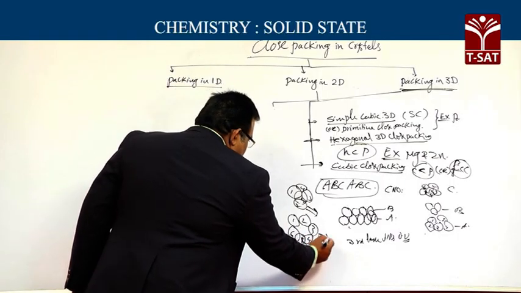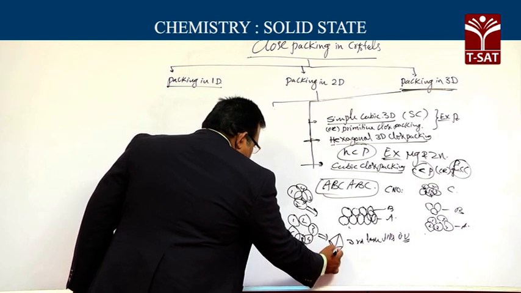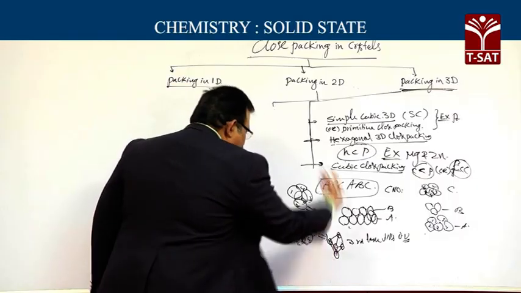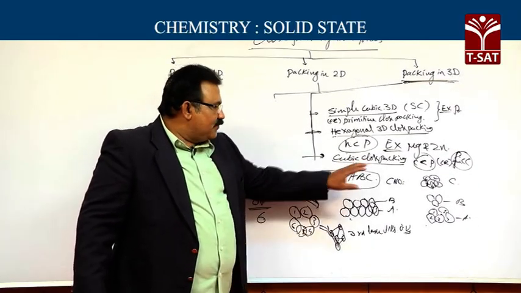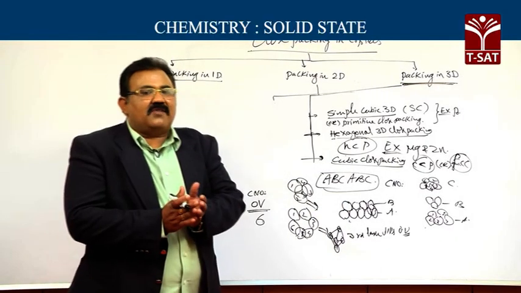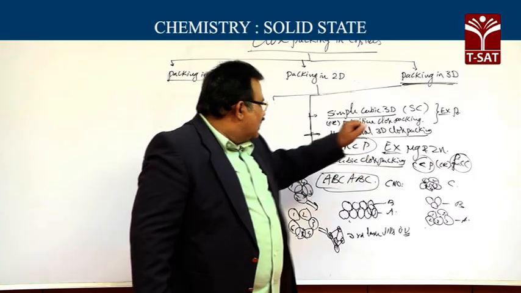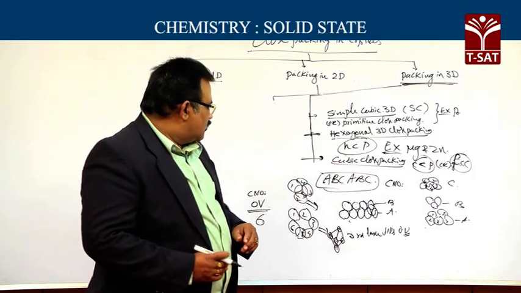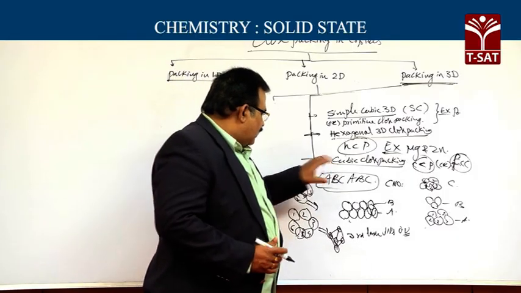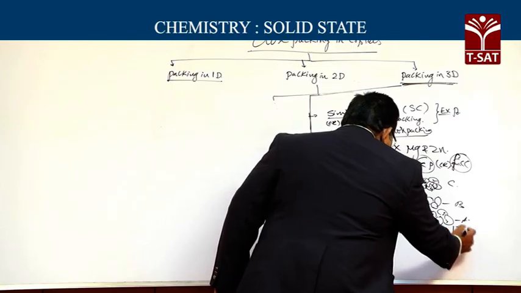We can also represent like this. Here one sphere, 2, 3, 4, 5 and back 6. So, in a CCP crystal formation, octahedral voids are formed. In the HCP crystal formation, tetrahedral voids are formed. And the coordination number of this HCP or CCP is 12.